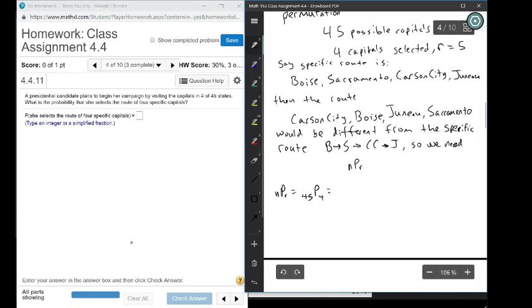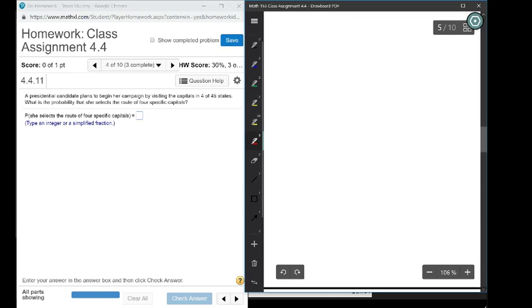And that is going to be 45 factorial over 45 minus 4 factorial, which is 45 factorial over 41 factorial, which is 45 times 44 times 43 times 42 times 41 factorial over 41 factorial.